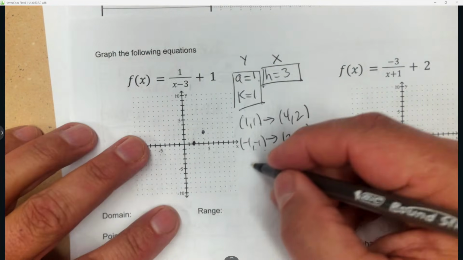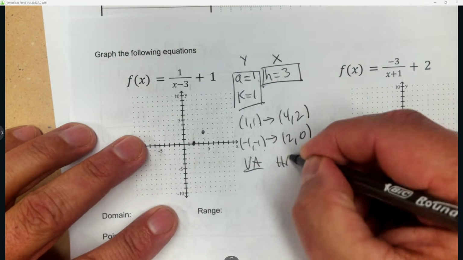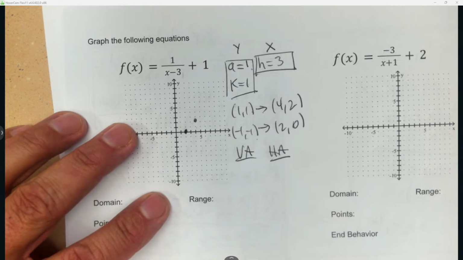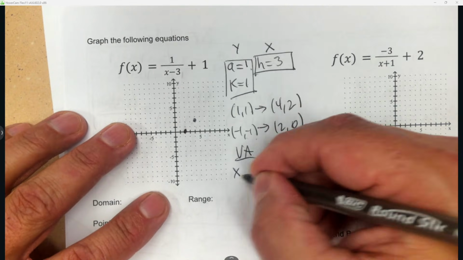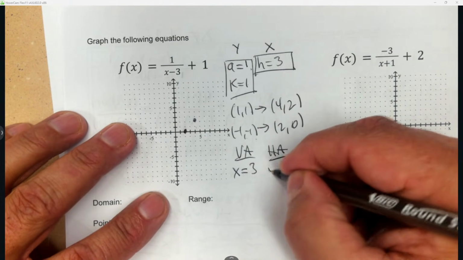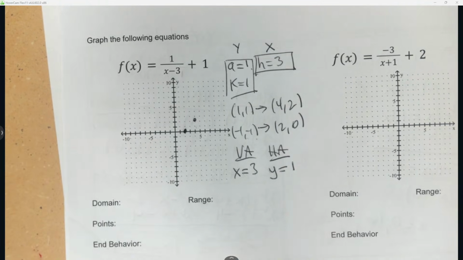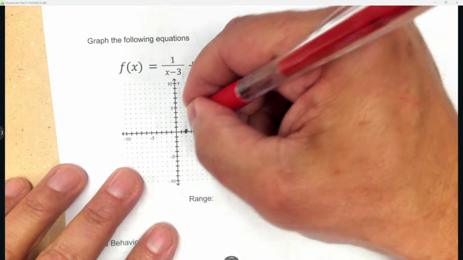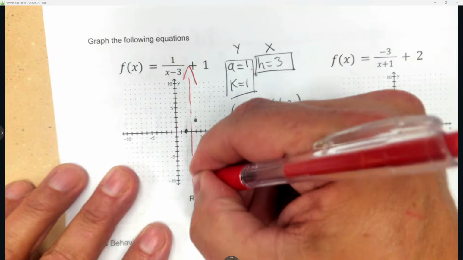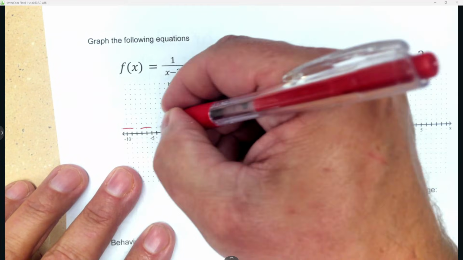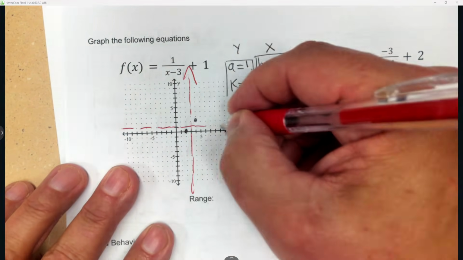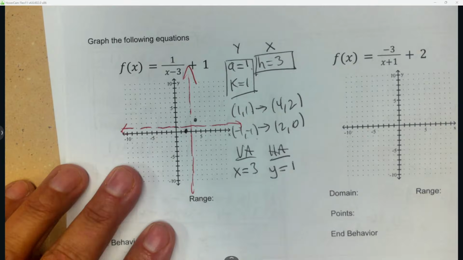We also have 2 lines. One's called the vertical and one's the horizontal. So the vertical is X equals H and the horizontal is Y equals K. And we're going to put that on our graph. So 3 and 1. We're going to curve them.